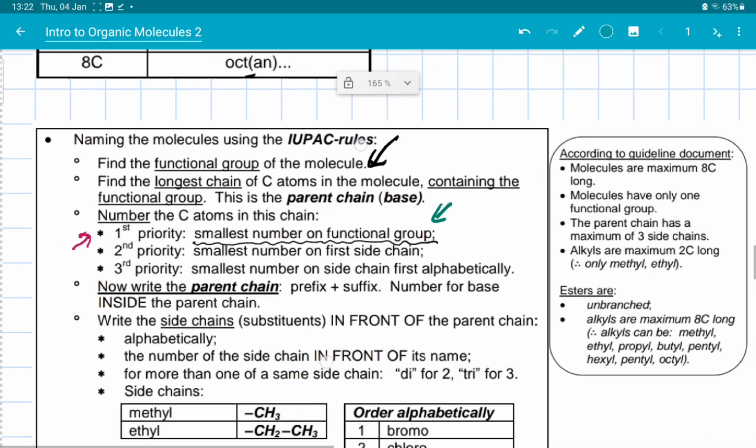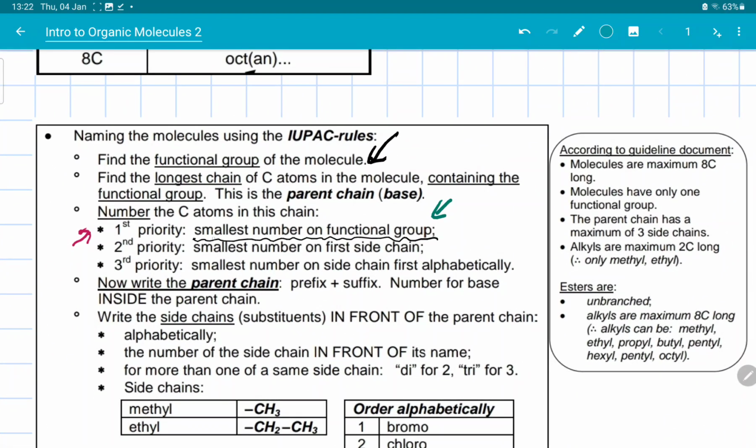Rules. First priority, some apply again: a functional group must always be at the smallest number. But now, if it's in a side chain, it can be a substituent side chain, and I treat it the same because we treat them the same when we number.